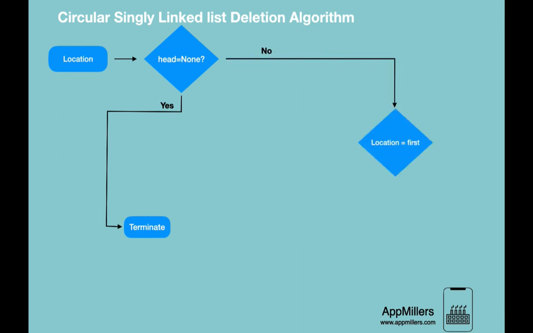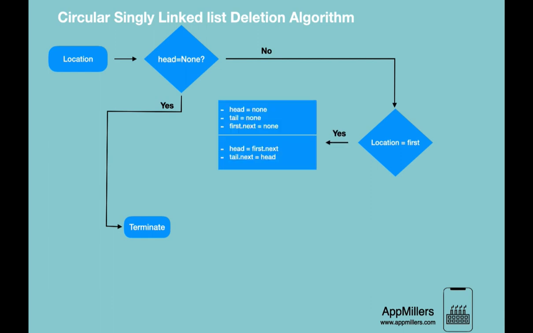The next step is checking the location parameter. If the location parameter equals first, it means that we are deleting a node from the beginning of the circular single linked list. Now in this case, we have two cases. The first case is if we have only one node in our circular single linked list. Then we know that we have three references to this node.